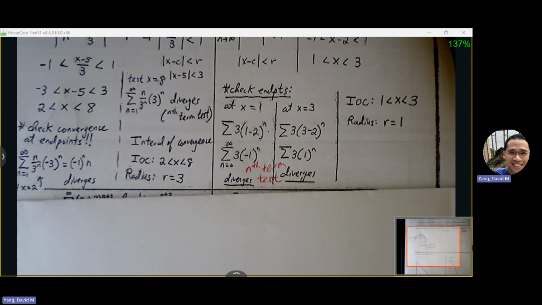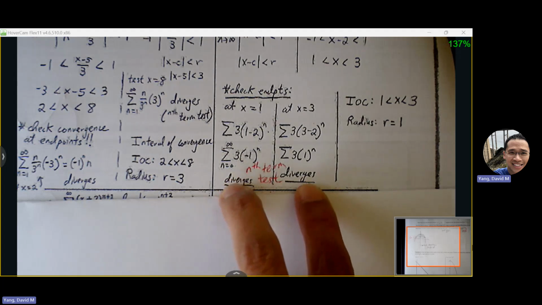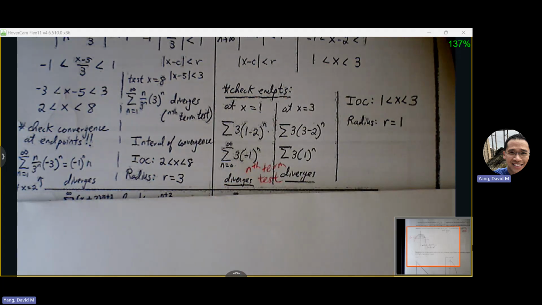You don't have to be as formal or as comprehensive as showing all your work from the previous quiz or test, but I do want you to tell me a brief reasoning of how you know that the endpoint is converging or diverging. All right, any questions? All right, keep going.